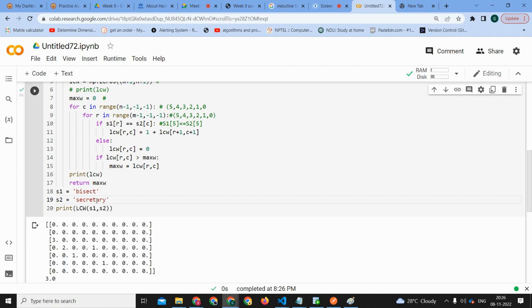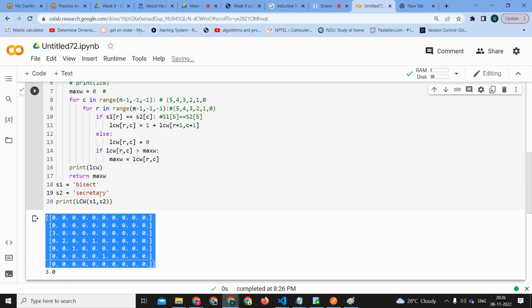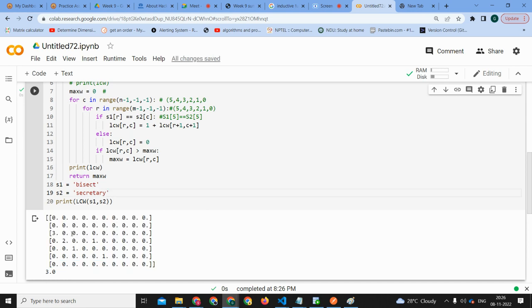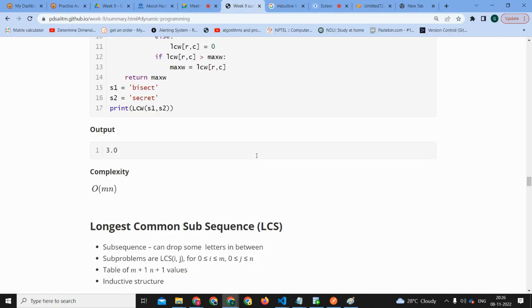For the bisect sequence, it's going to be different. See, is this a square matrix? Ravina? Yeah, it's not. Okay, sir, got it. Fine.